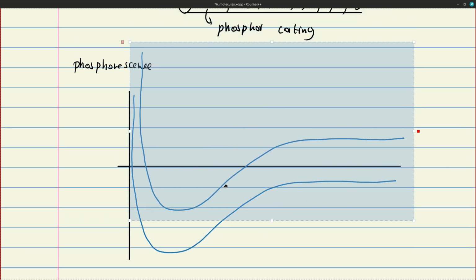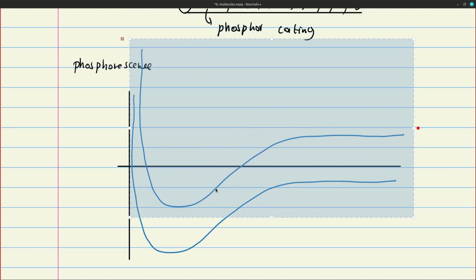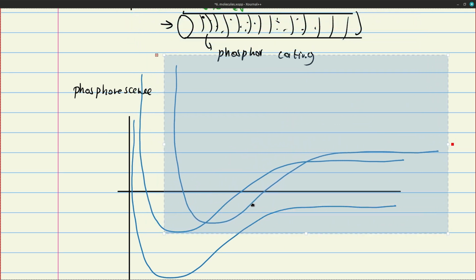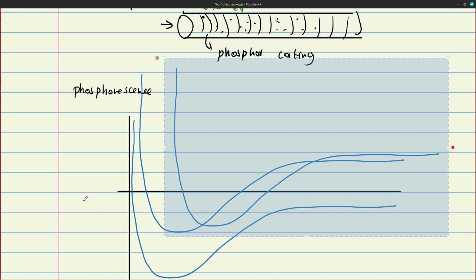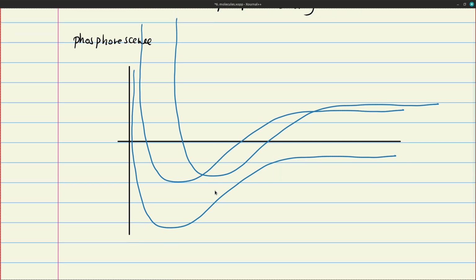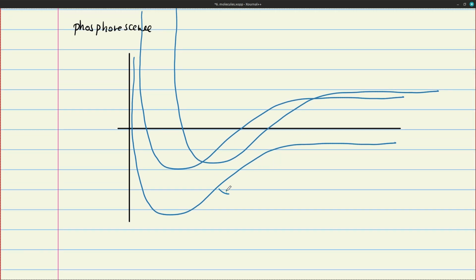So this is my electronic excited state, and sometimes the electronic excited state can have a spin structure. The first one is the electronic ground state.